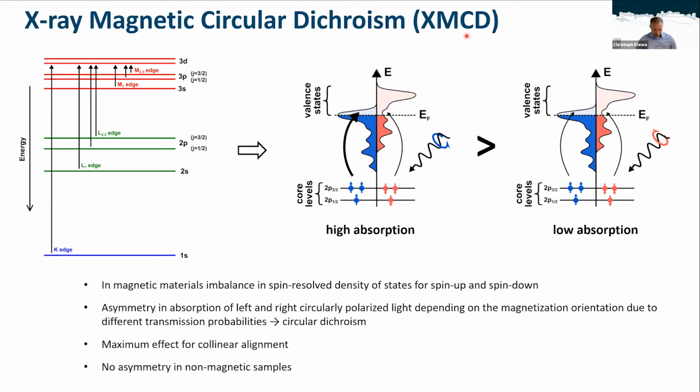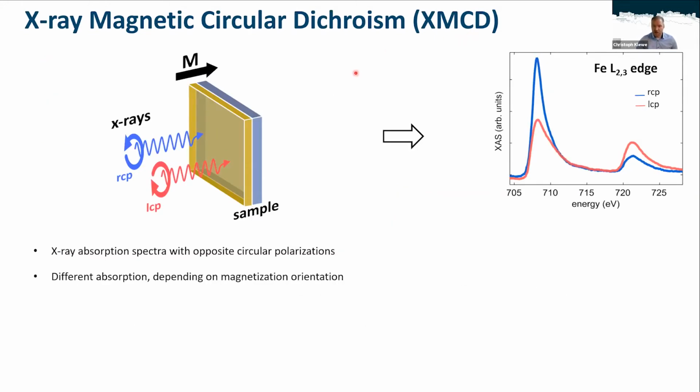So for example, if we take two different absorption spectra with left and with right circular polarization, and we have a fixed magnetization orientation, which is in this case aligned along the incoming X-ray beam, we can observe pronounced differences in the absorption, which is shown here, for example, for the iron L2 and L3 edge, where we see these pronounced differences at the L3 and the L2 edge.